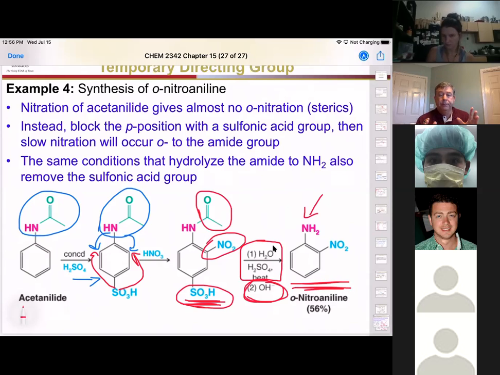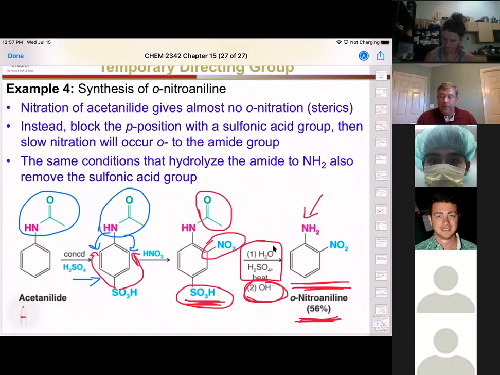All right, so we're using the sulfonic acid group to block. However, the sulfonic acid group is a deactivator, and the acid anilide is a little bit big, because remember, we didn't get that ortho substitution before, which accounts for our slightly lower yield than the previous reaction. It's sterically hindered, so the reaction goes slower, and it's slightly deactivated because of the sulfonic acid group.